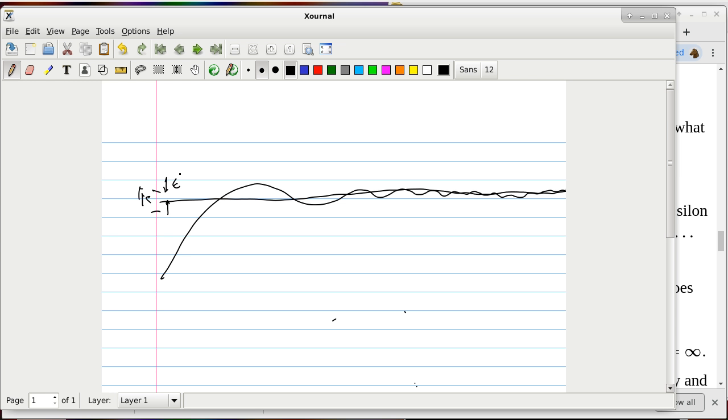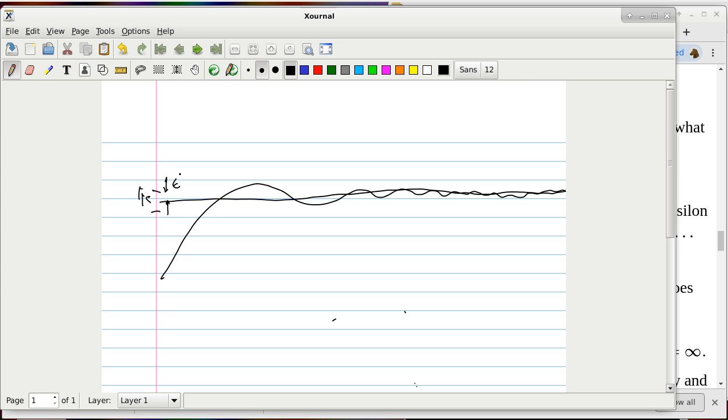Is that okay? What if I make the epsilon even smaller? What if I make the epsilon half the size that it currently is? Well, in that case, maybe we have to get up to here, and then every point after this is going to meet that requirement. What if I make the epsilon even smaller? Well, we just have to go further down the road.